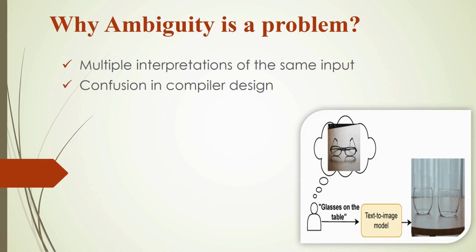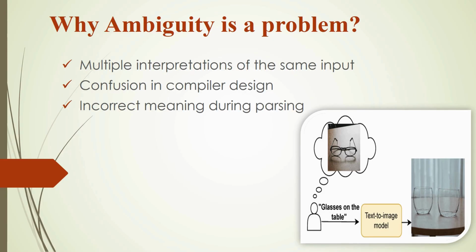Now, second one is confusion in compiler design. Your compiler relies on a unique parse tree, correct? So ambiguity directly makes your compiler design unreliable as well as inconsistent. Next one is incorrect meaning during parsing.